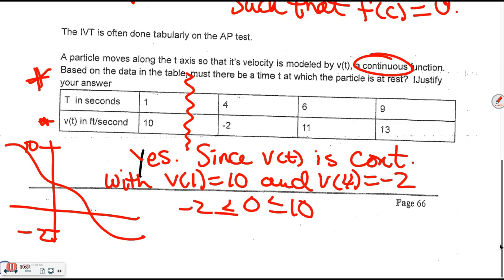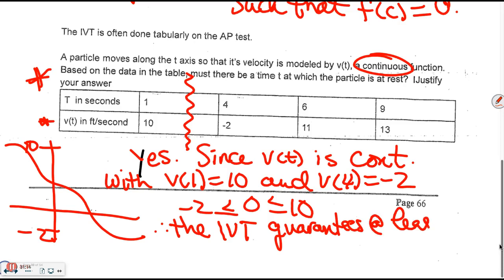Do you guys know the symbol for therefore? Have I used it in your video notes before? Yeah, the 3 dots, you're perfectly allowed to write that if you want to shorten it up. Therefore, the what? What theorem? IVT guarantees at least 1.